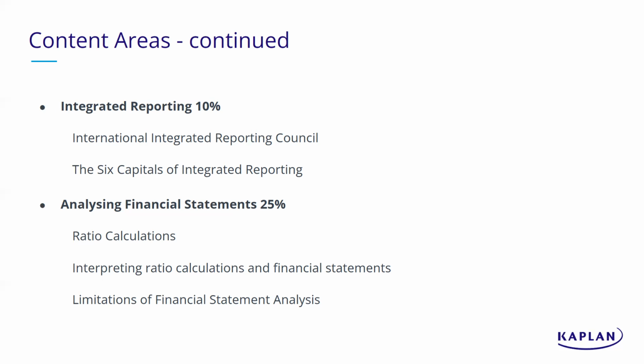In addition to interpreting specific financial statement ratios, we also need to have an awareness of financial statements as a whole and what the figures contained within those financial statements might be telling us. And finally, understanding something about the limitations of perhaps historic and traditional financial statement analysis is something that CIMA would like you to know stuff about.